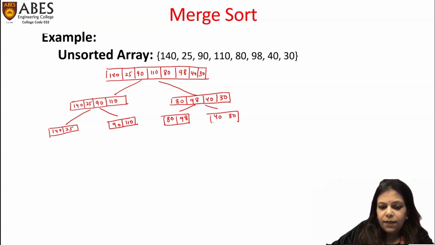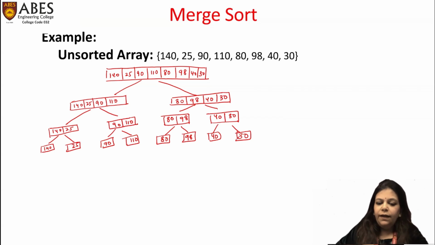We'll keep on dividing these arrays till the point that each array will have only one element. So at this point, we can see that each array is storing only one element. Similarly, 80 is divided as one part and 98 will be another part. Here 40 and 30.